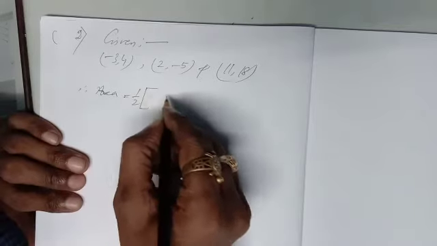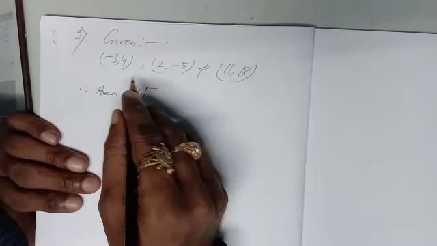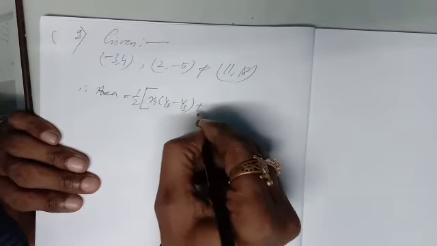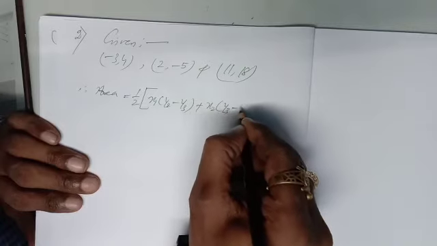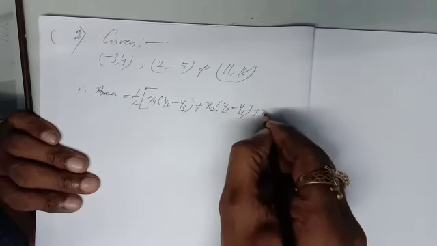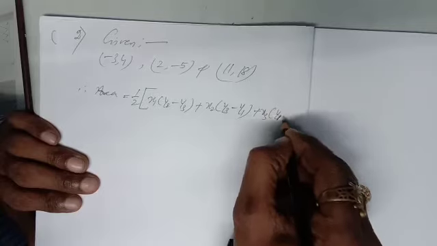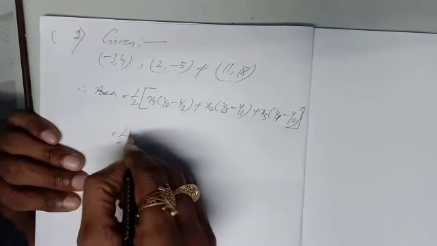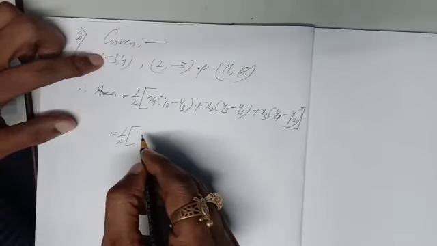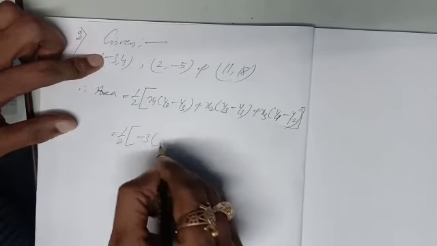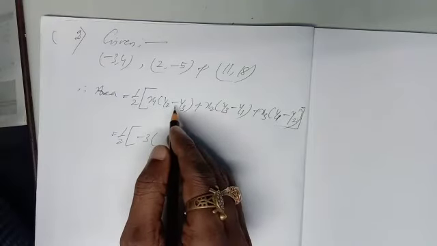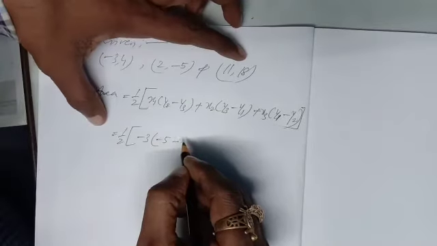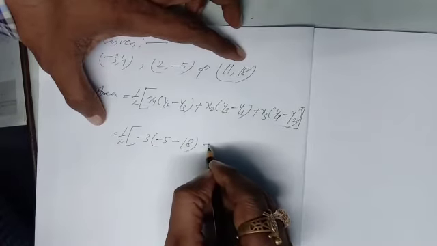Applying the formula of the area of a triangle having 3 vertices, the formula is x1 times (y2 minus y3), x2 times (y3 minus y1), x3 times (y1 minus y2). Now put the values. x1, the first point coordinate, is minus 3, bracket y2, which is here minus 5, minus y3, y3 is here 18, plus x2.